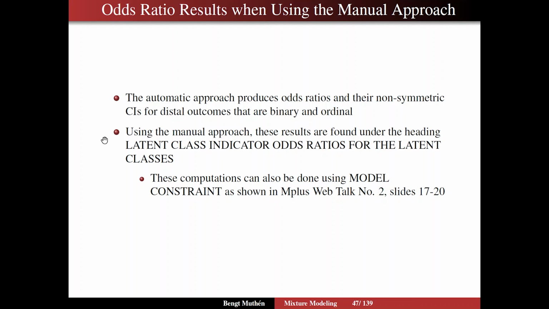But with the manual approach now in version 9, we have added these outputs in various sections in the output, so you have them for the manual approach as well. And they're under the heading latent class indicator odds ratios for the latent classes. So it's automatically computed. Now you can do it by hand, so to speak, by using model constraint, and I showed how to do that actually in Web Talk 2, slides 17 to 20 if you're interested in the detail.